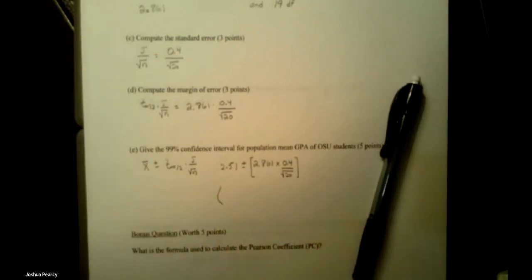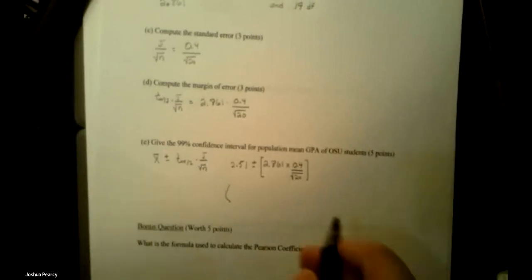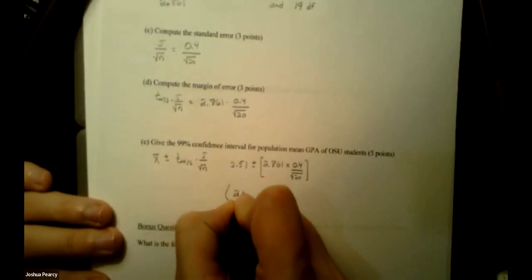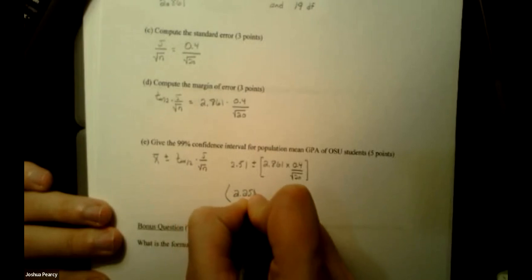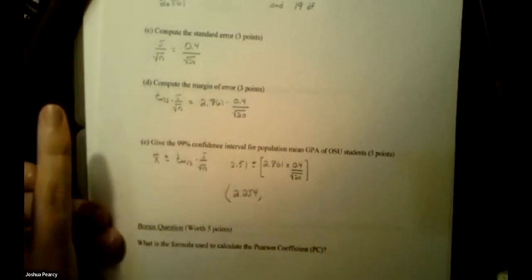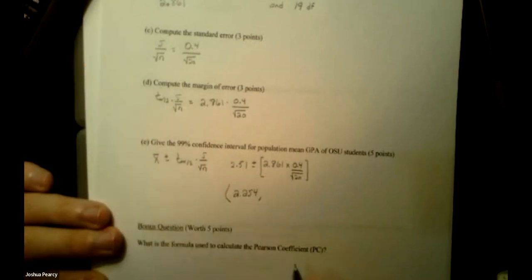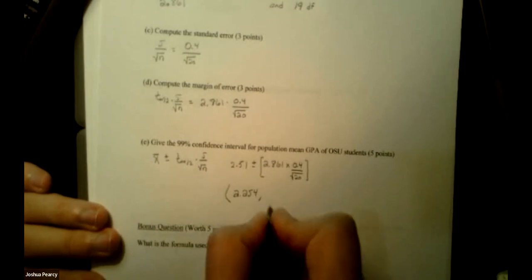And that'll give you a confidence interval of, let's see, 2.254. And then to find the upper limit, you just add the margin of error, and you get 2.766.